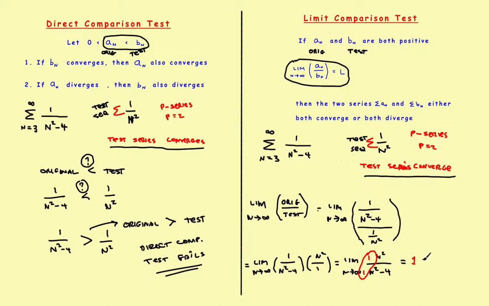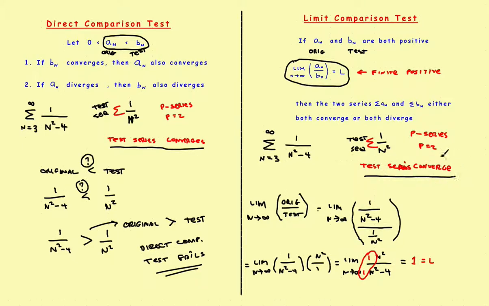Now what you showed is that this is L. The ratio of these two is 1, and 1 is a finite positive number. If it's a finite positive number, then, as you look up here, since it's equal to a number, both series either converge together or diverge together.